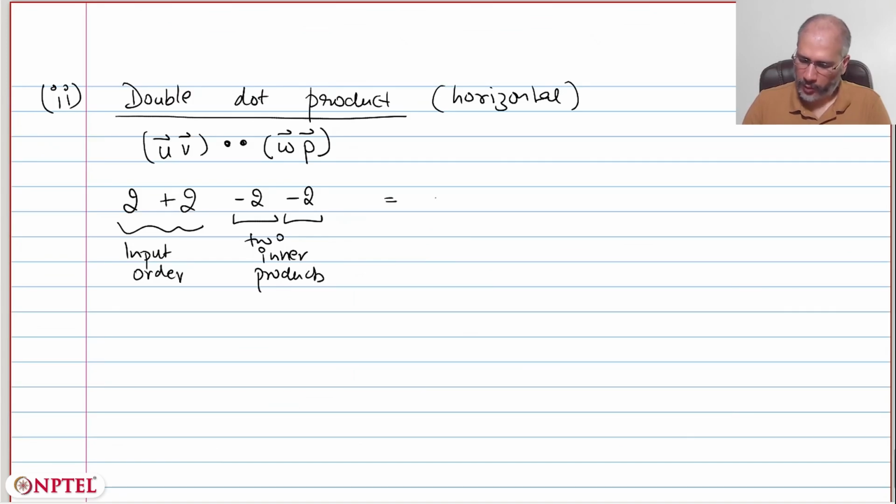So the output should be 0, right? And this is indeed the case. So let's look at the definition of the double horizontal dot product. So if you have u_i v_j, you'll have a w, and then this will be a j, and you'll have an i here. Okay, so this is the definition.